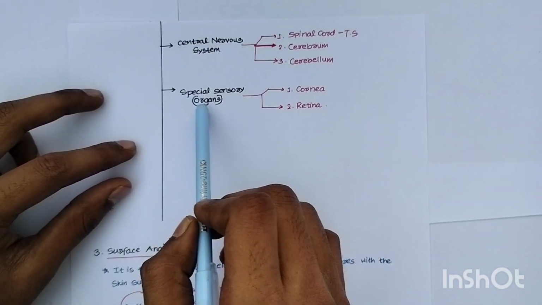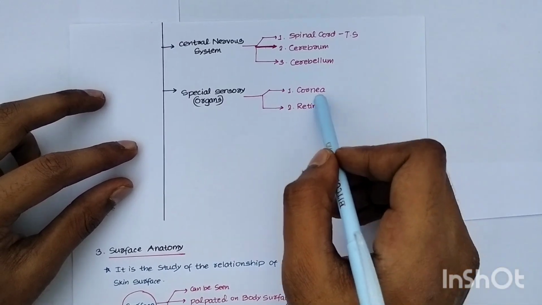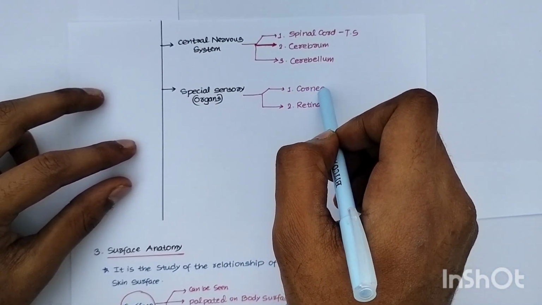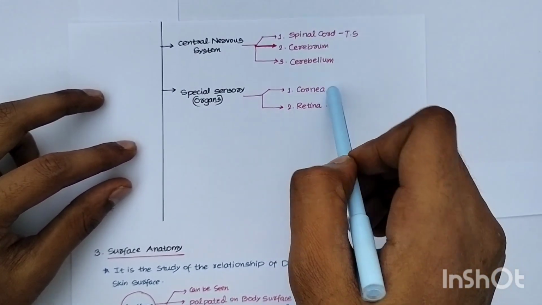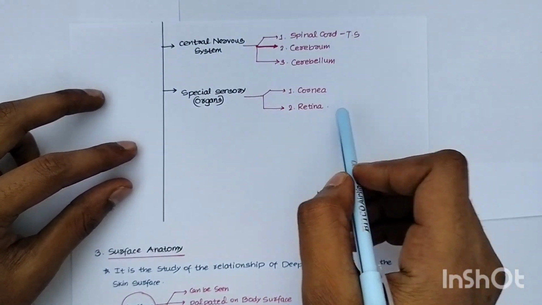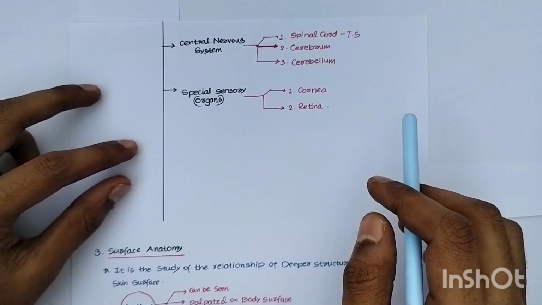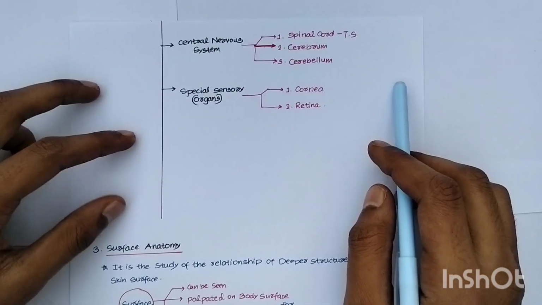And the special sensory organs, like the cornea, which has 5 layers, will be useful in corneal transplant surgery. And the retina, how you are able to see things because of the retina, right? So you should know the layers of the retina. So this is the histological subdivision.